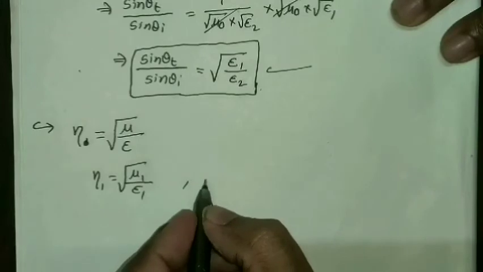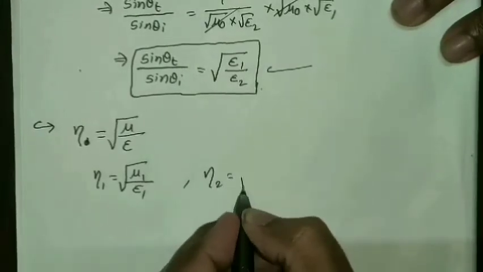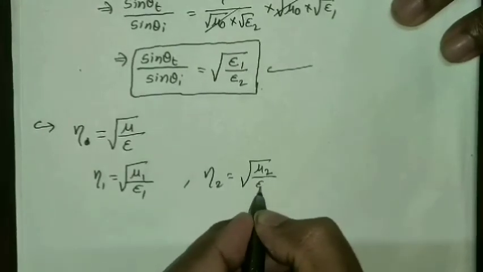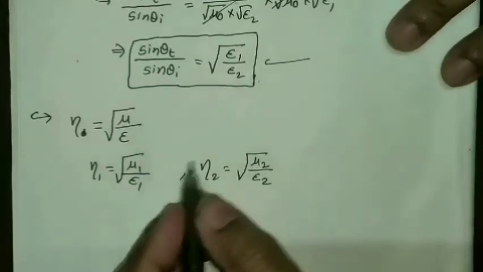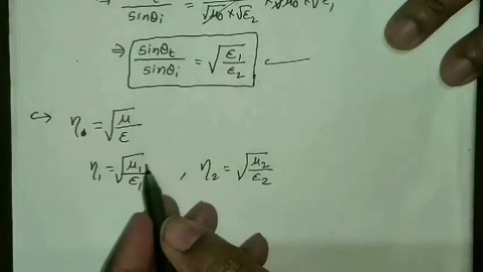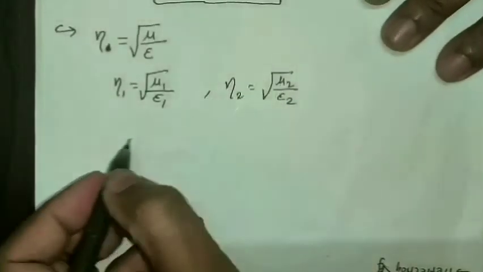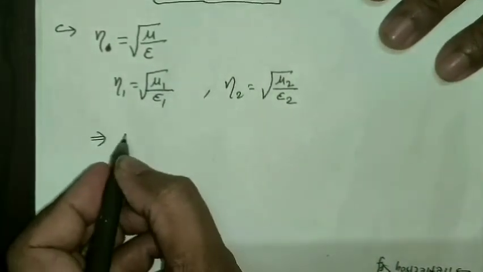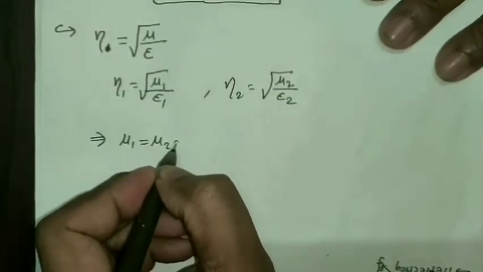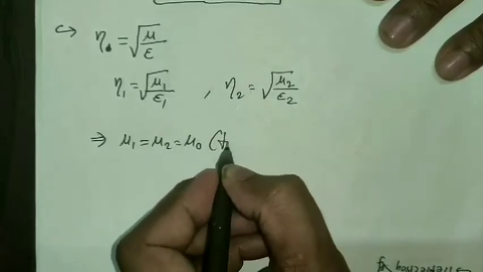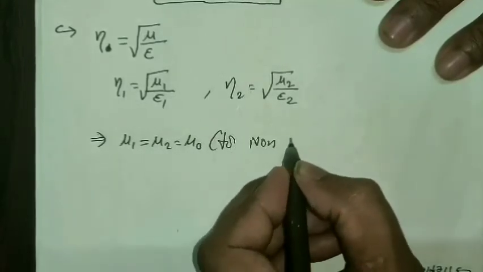For medium 2, eta 2 is square root of mu 2 by epsilon 2. For non-magnetic media, mu 1 equals mu 2 equals mu 0.